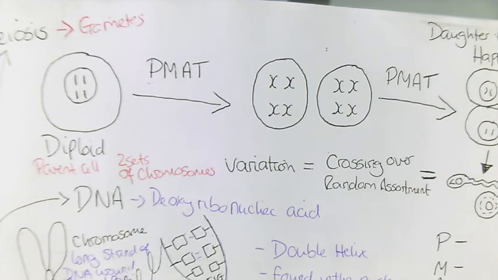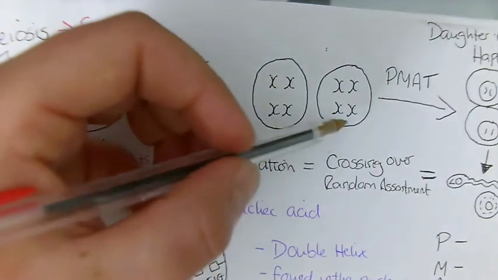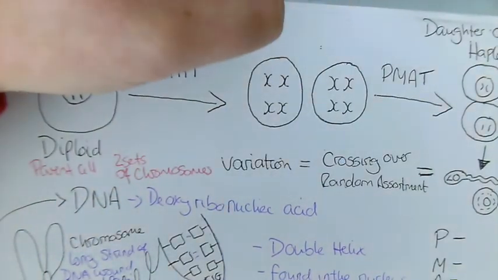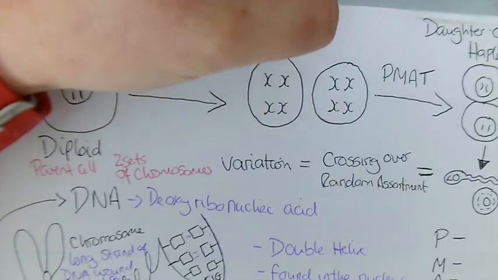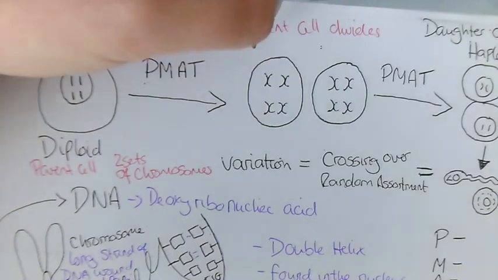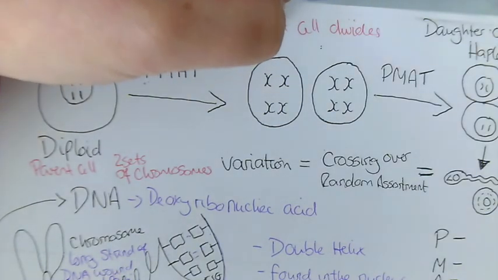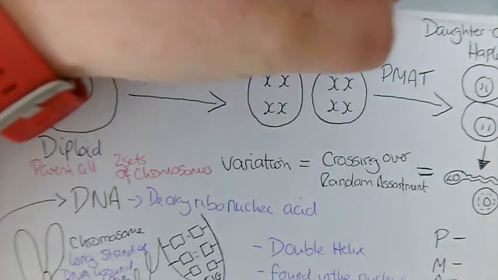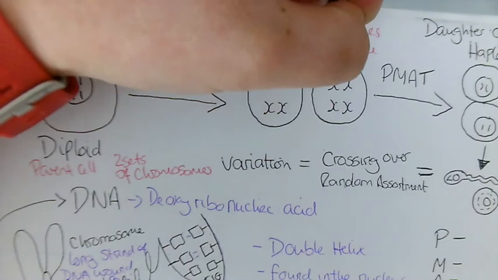And what's going to happen then is the parent cell divides and each chromosome is copied.